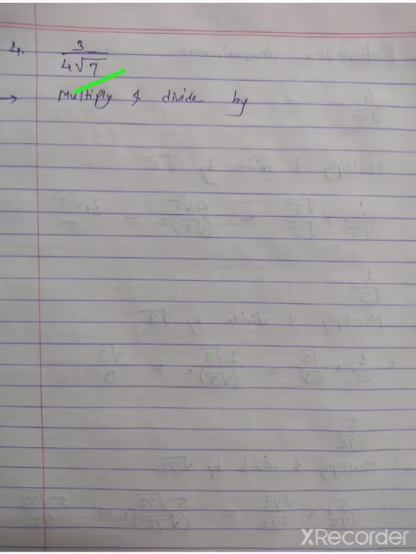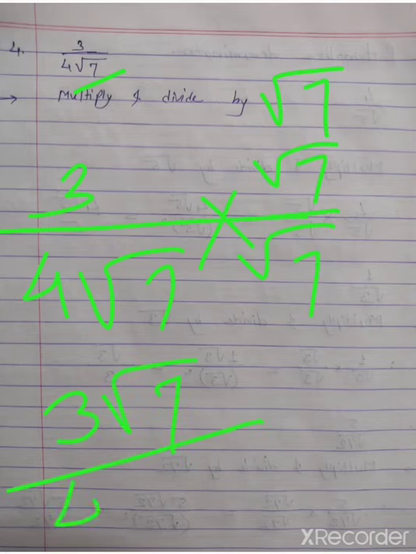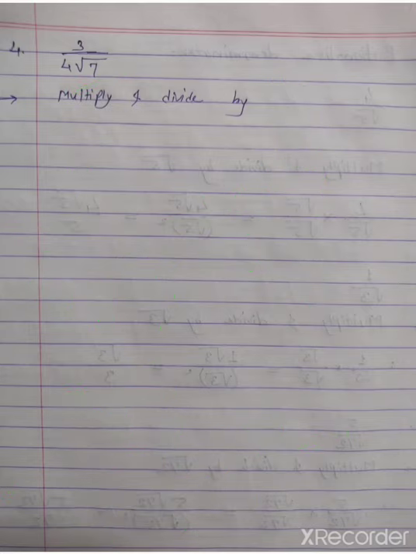When you multiply and divide by root 7, this denominator becomes a rational number. Here I am multiplying the numerator, so you will get this step. When you multiply at the denominator, root 7 into root 7 becomes bracket square, so it is equal to 3 root 7 divided by 4 into 7. Finally we get this denominator 28, which is a rational number.